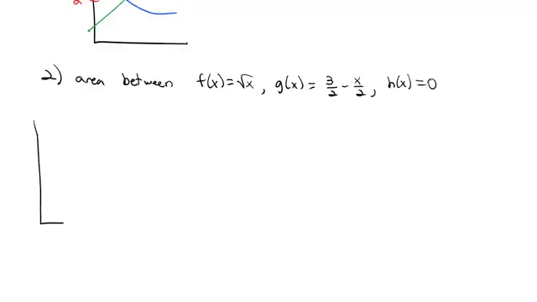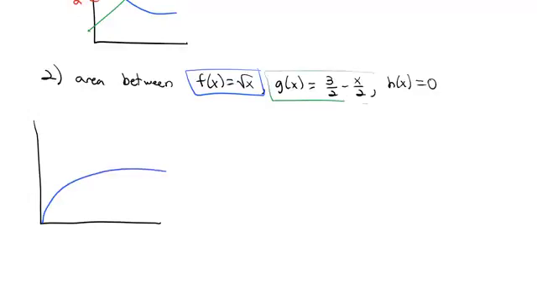If you remember when we graphed that, we had our square root of x, we had our 3/2 minus x over 2, and then h of x at 0. And that gave us this. It's kind of like a triangle with one side that's kind of curvy. And we wanted to find the area of that.